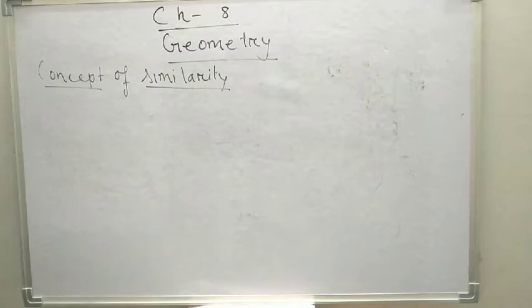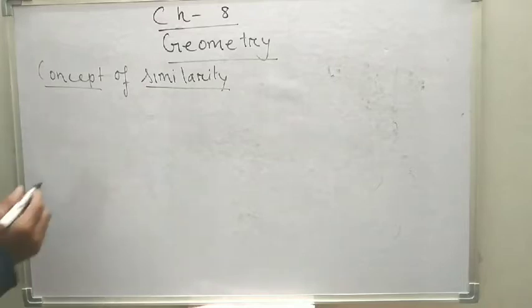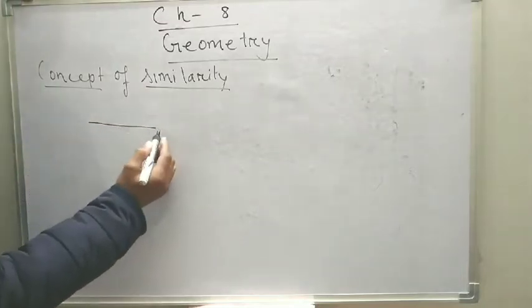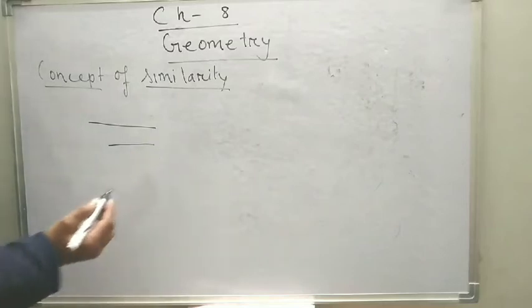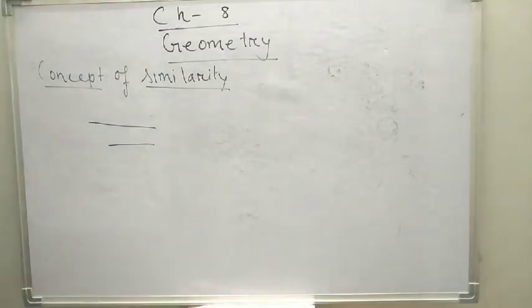So with that concept, we can say that two figures will be similar if they have the same shape but the size may be different. Suppose I am drawing a line segment here. This line and this line are similar.